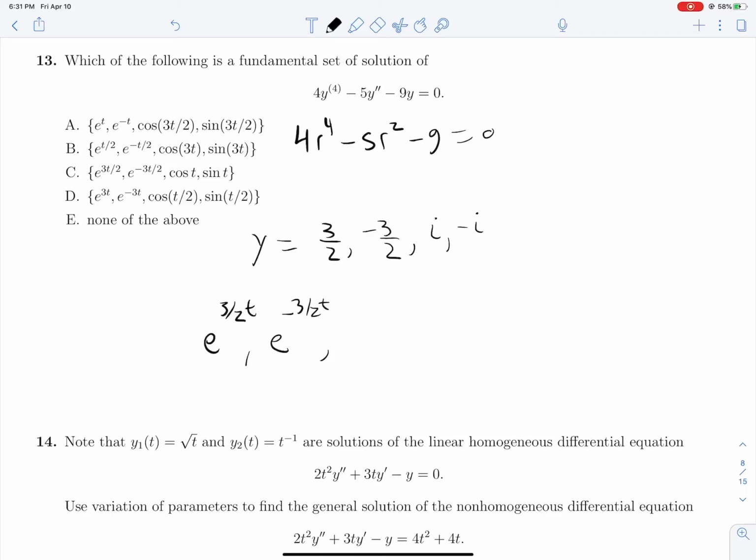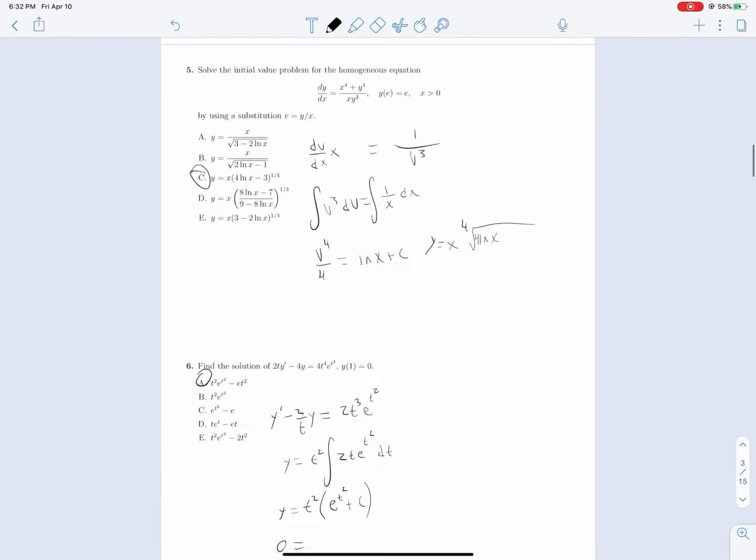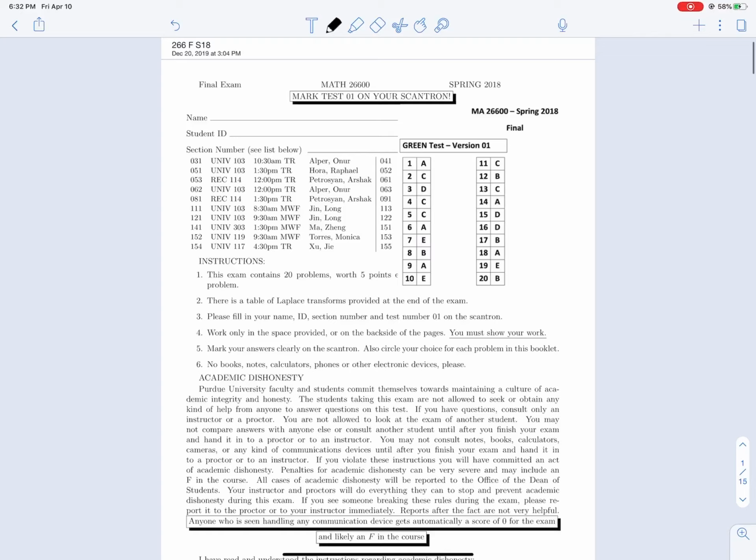These i's and negative i's will become cosine of t and sine of t. And notice that we don't have a duplicate. We don't have a second cosine and second sine because the pair of imaginary roots always comes with a corresponding pair of solutions. So whenever you have an i, you will always have a negative i. So this is how this works out, and C should be our correct answer for 13.